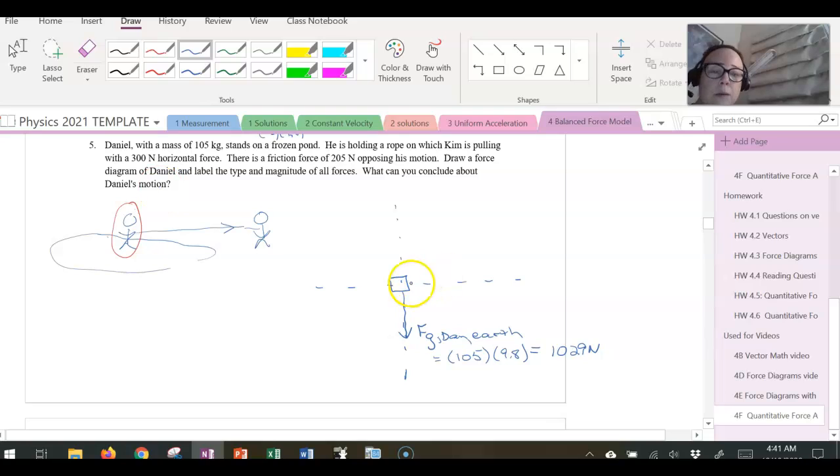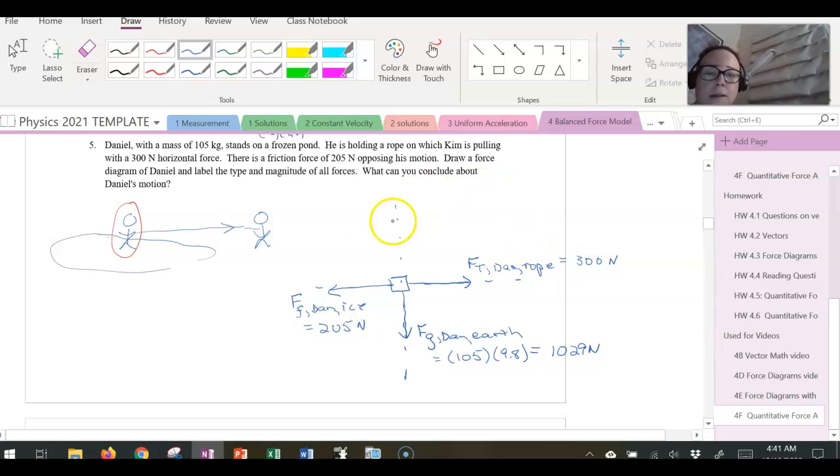It says that Kim is pulling him to the right. So there's a tension force on Dan by the rope, and they're telling us that equals 300 newtons. It tells us there's a friction force that opposes his motion. Well, since he's moving to the right, the friction force must be pointing to the left. And they're telling us that is 205 newtons.